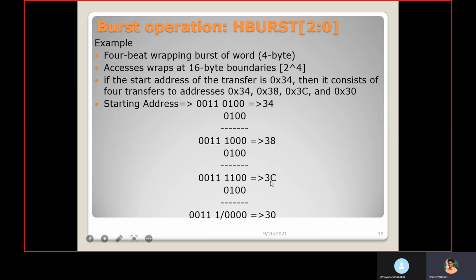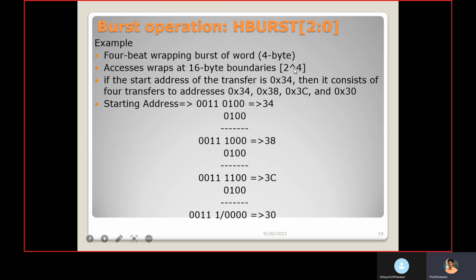The next location is 3C. Then next is the fourth beat. This is the first beat, second beat, third beat. For the fourth beat, I need to add another 4 here. I am adding 0100 to 0011 1100, and there is a remainder, another carry, but it is not acceptable.